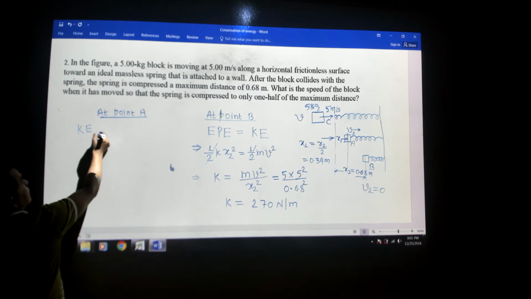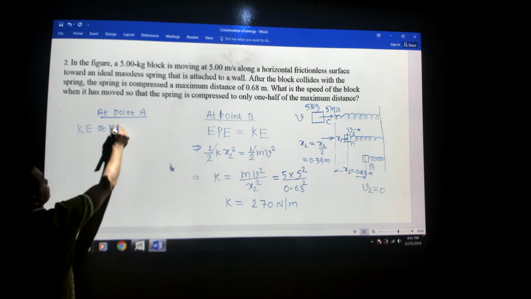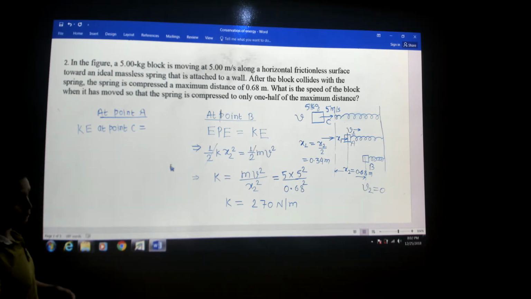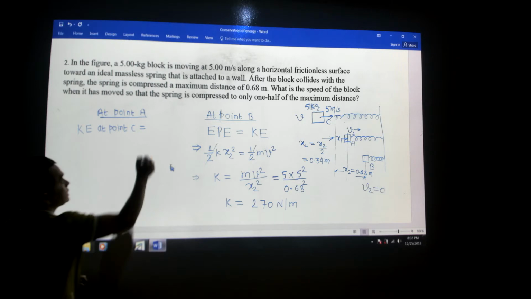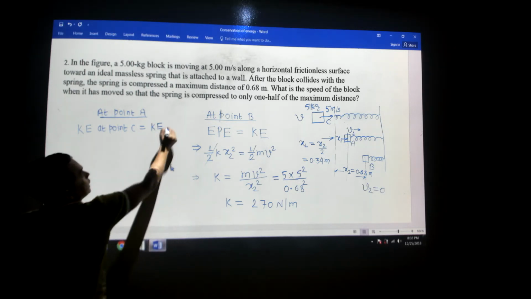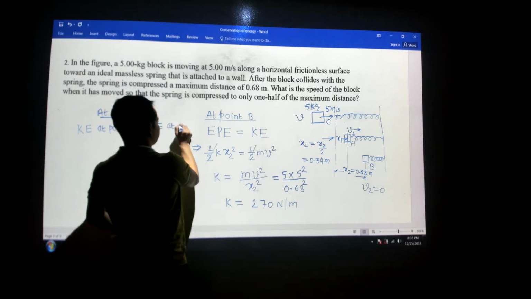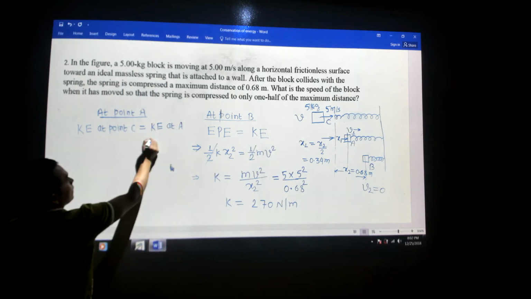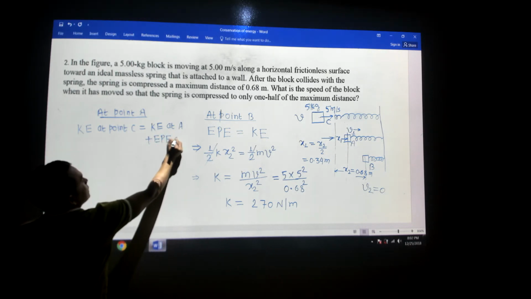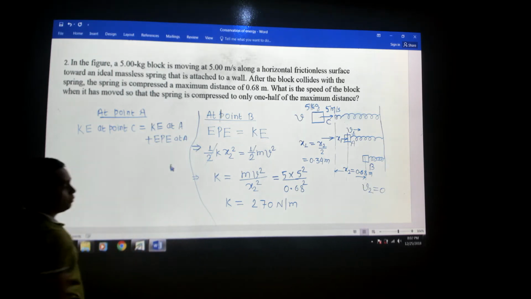The kinetic energy at point C is equal to, it has to have two forms: the kinetic energy at point A plus the elastic potential energy at A, because it does have both energies there.